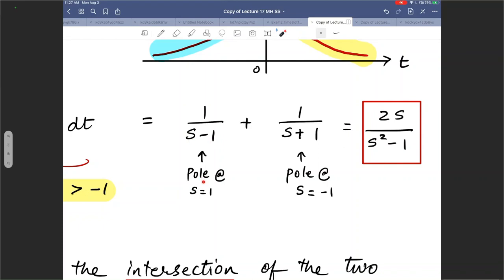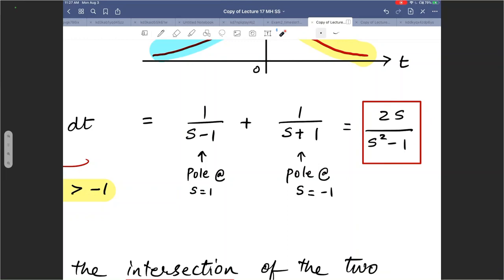And for the second piece, which is 1 divided by s plus 1, there is a pole at negative 1. So you can combine that and write it as one rational function, which is 2s divided by s squared minus 1.